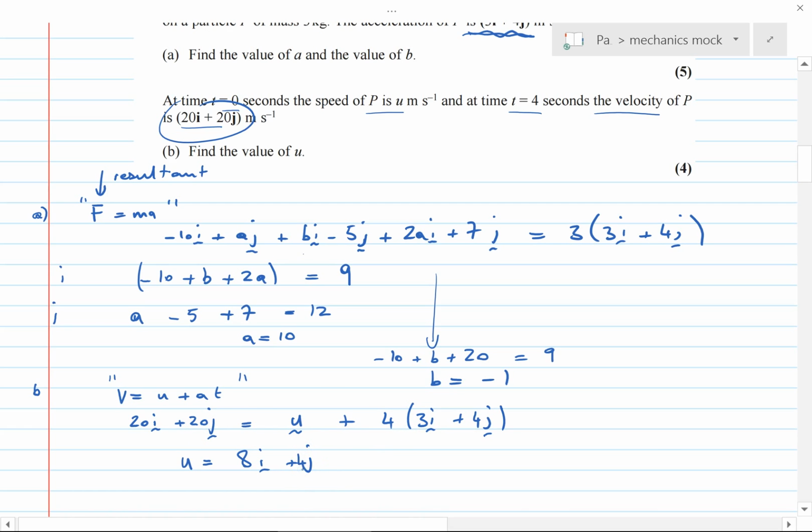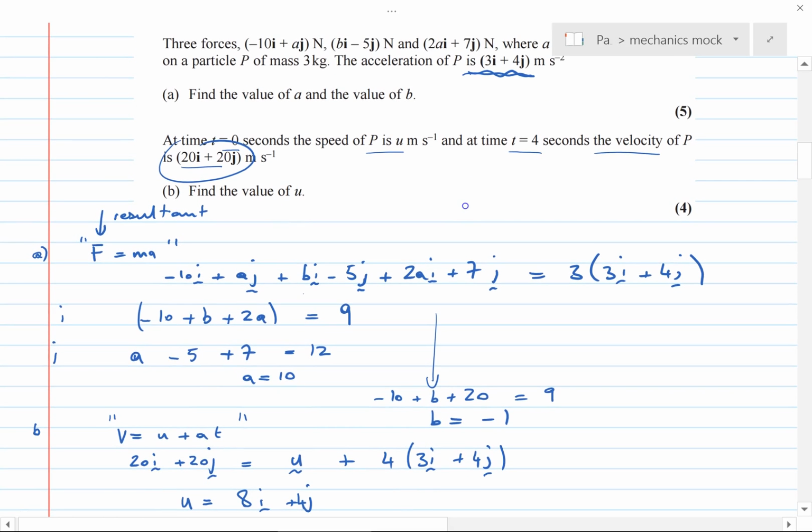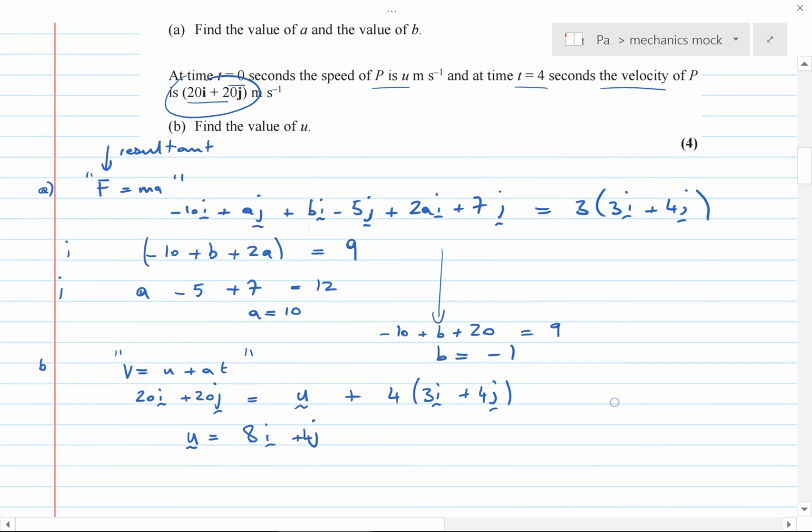That's the initial velocity, but it wants the value of u, that's the speed. Let's squiggle it to make it clear it's a velocity vector there. So we want the speed, which is the magnitude of the velocity. And we can just do Pythagoras on that, 8 squared plus 4 squared.